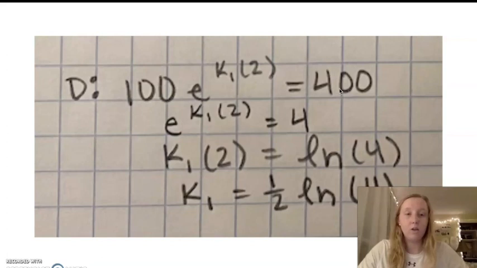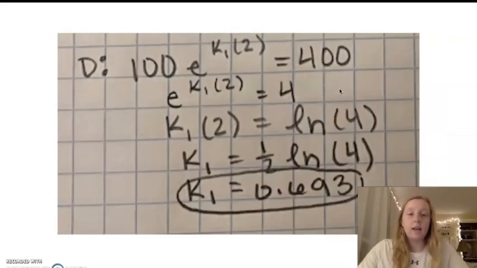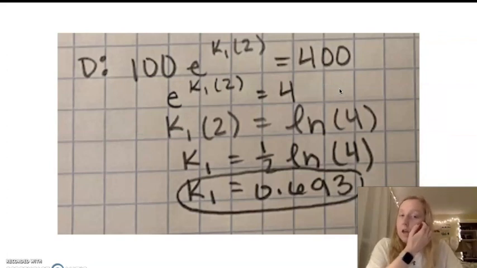From there, we can do the natural log of both sides, which will leave us with k1 times 2 equals ln of 4. Then we divide by 2 from both sides. When we plug that into our calculator, we get that k1 equals 0.693. If we remember correctly, the dogs are exponentially growing, so k has to be greater than 0, which it is, so this could be the right answer.